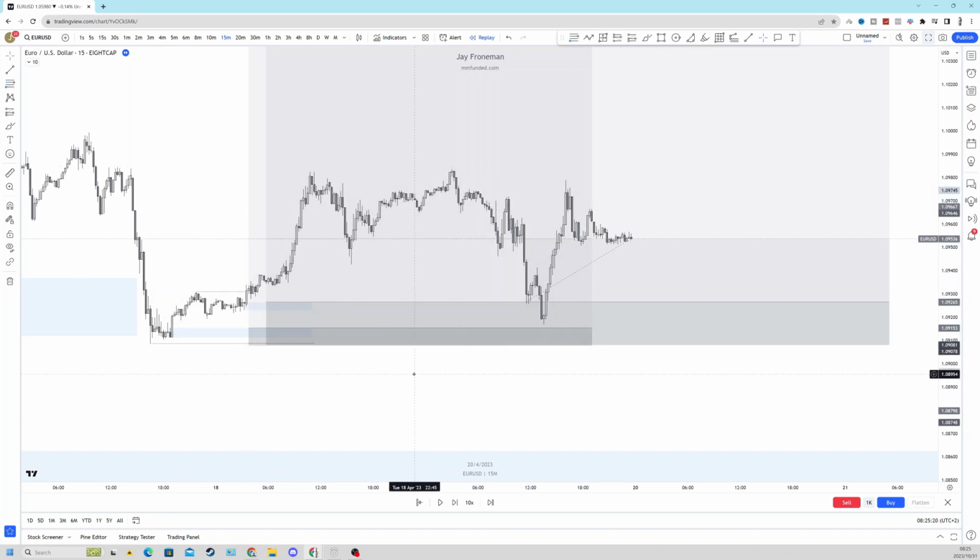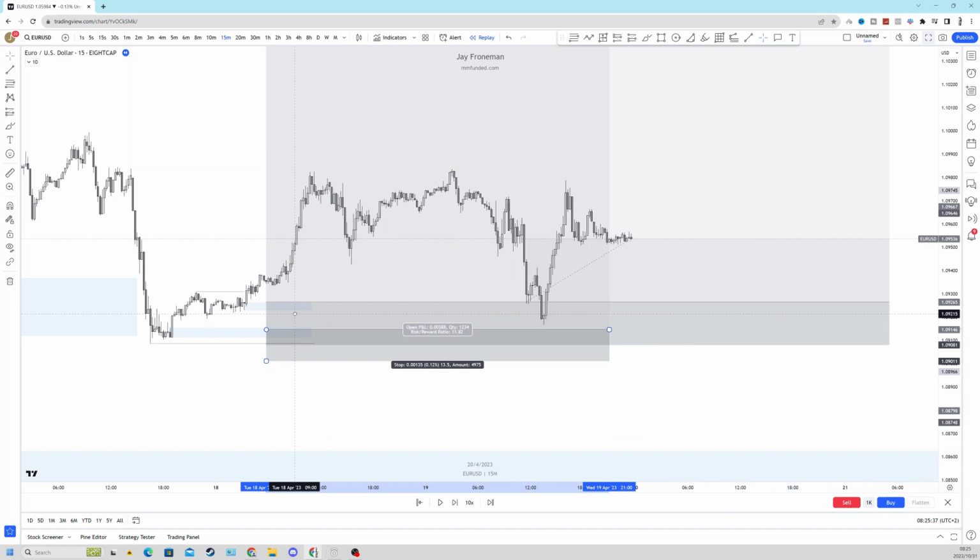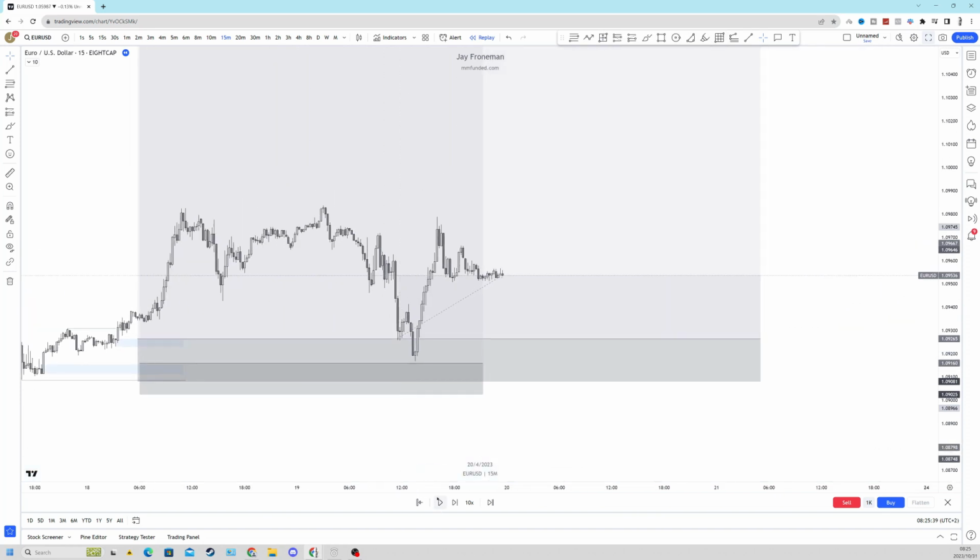So both of these zones would have been 100% valid. And what you can do is to tighten your risk to reward, which we will discuss in later videos of this course, is entry confirmations. So within here, you can look to refine and tighten your stop loss to ultimately get that tighter risk to reward. Okay, so let's let this play out and see what happens.